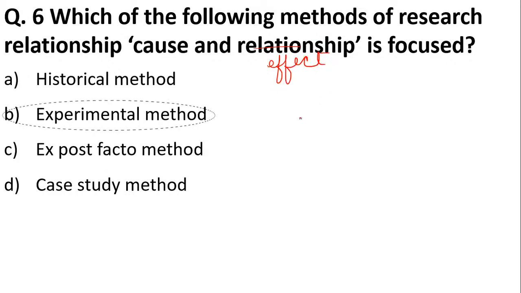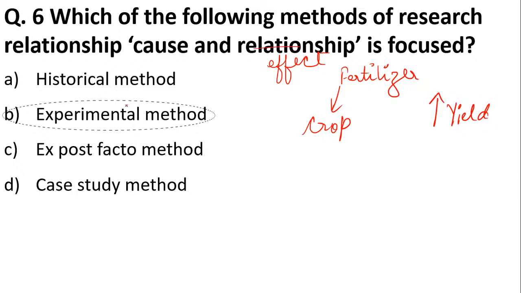Okay, for example, if there is a particular crop, and you are saying how much fertilizer should be put so that there is high yield, that is what they are trying to do over here. They are trying to do experimental research. Cause and effect: if we put this much, the result will be this much. So cause and effect is used in experimental method.